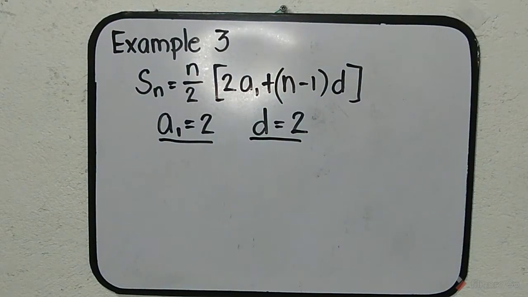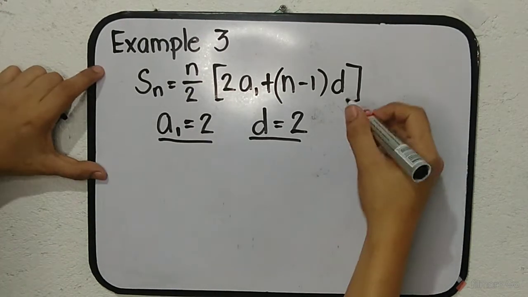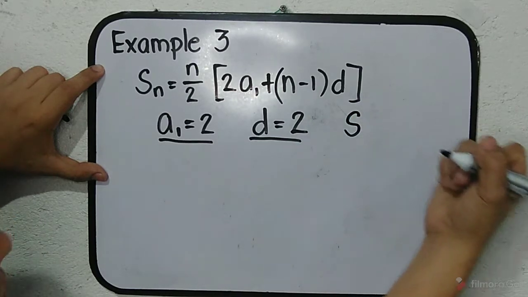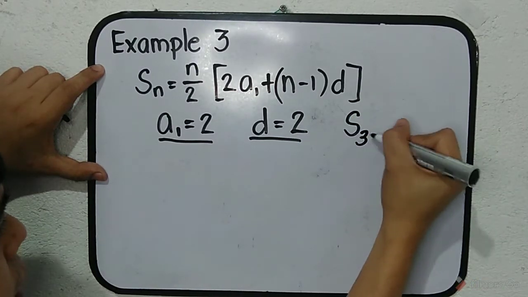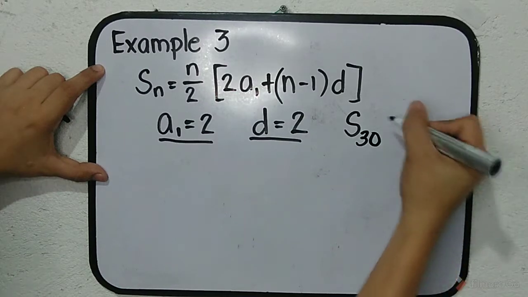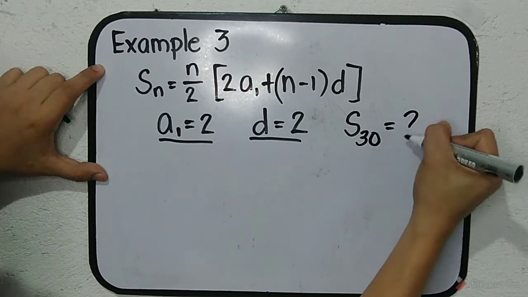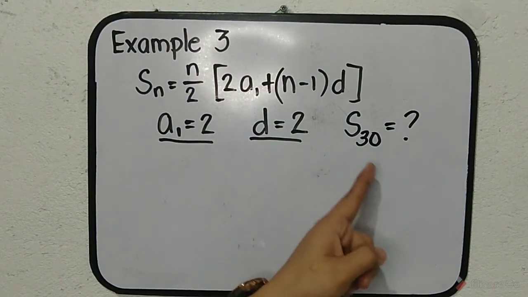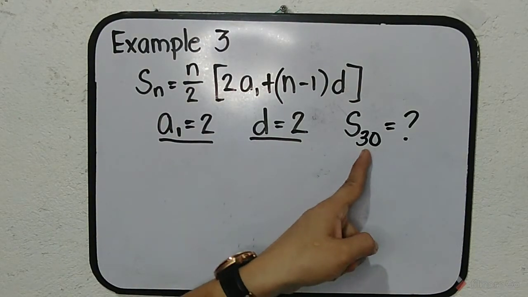So, hindi binigay ang ating last term. Then, sa ating given na to, we were asked to find the sum of the first 30 terms. Okay. We need to find the sum noong first 30 terms natin.